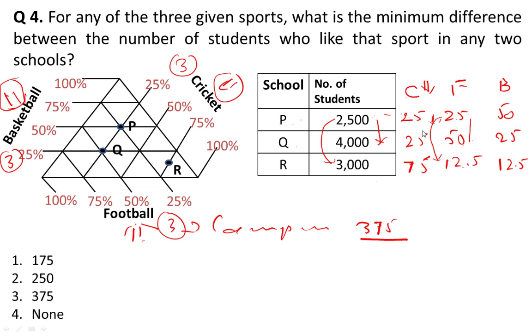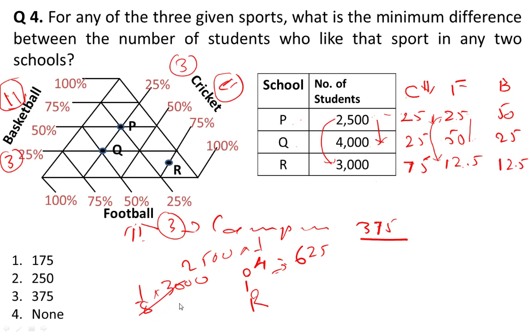So let's take that difference, 25% of 2500. 25% is nothing but 1/4, and we have already worked out this figure, 625. And the figure for R, that is 1/8 of 3000, we have already seen in our earlier calculation. If you remember the figure, it's fine, otherwise you can do it now.